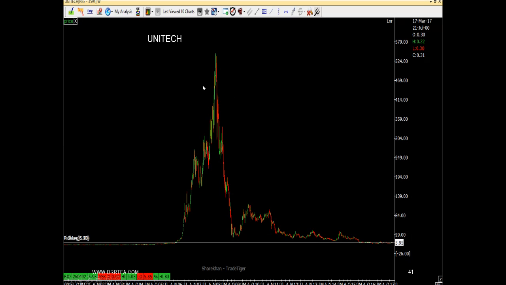So if you have bought Unitech on anybody's recommendation or by some gurus or some tips that it's going to give you multifold returns, without analyzing yourself what this company is, what its fundamentals are, what its business model is, and how it's going to perform in the Indian economy, your trades will go very much against you.